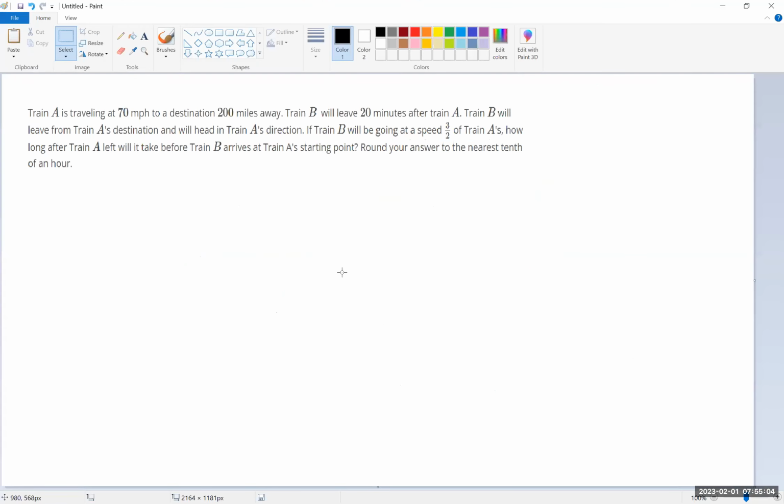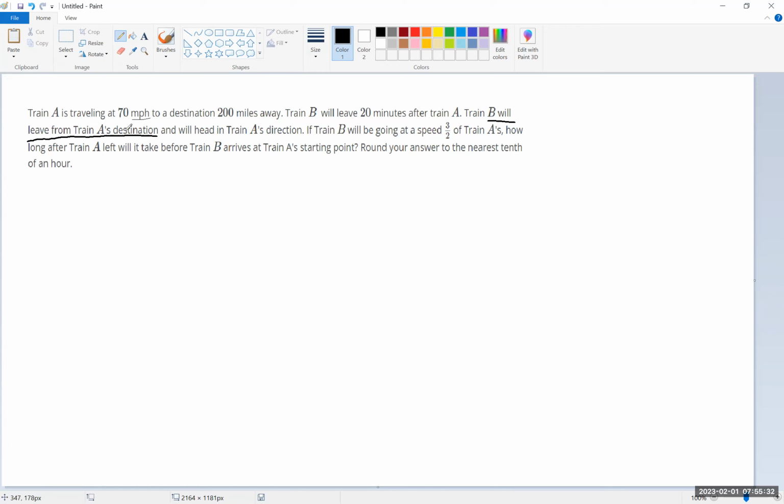Okay, do you understand all the words? I think it's more of a phrasing issue that we need to think about. Of course, we understand that's miles per hour. Maybe this is a phrase to look at: train B will be leaving from train A's destination.